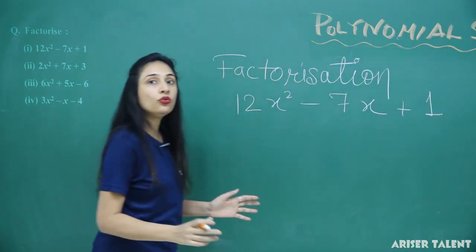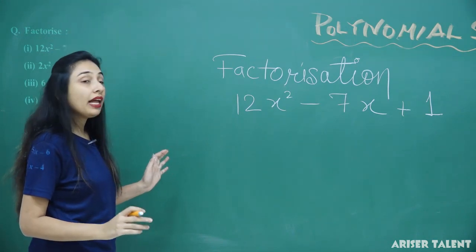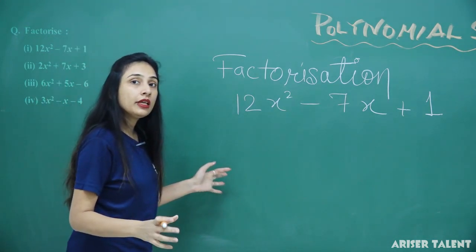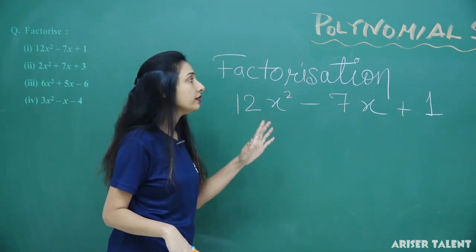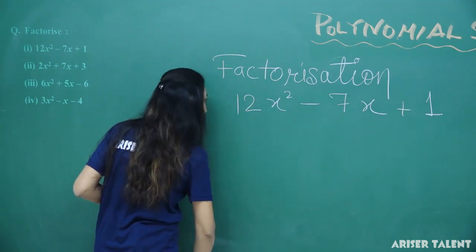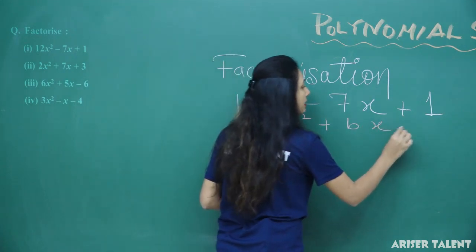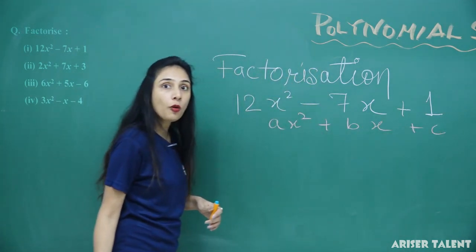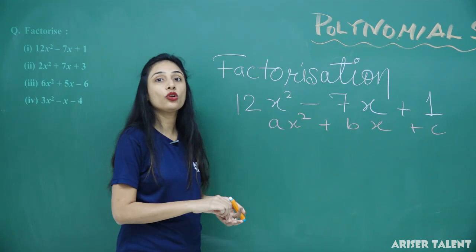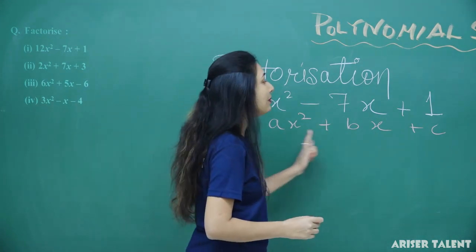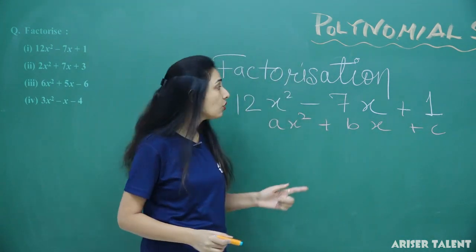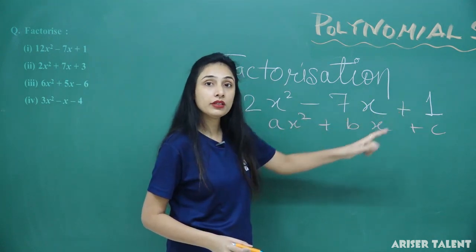I was telling you we will apply the multiplication and addition of a and c. Now I am comparing that to the basic equation ax² + bx + c. Now this is the format. In such a format, what you have to do is multiply a by c. Have a look at that. 12 multiplied by 1.